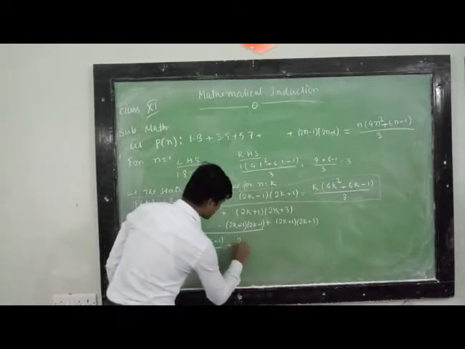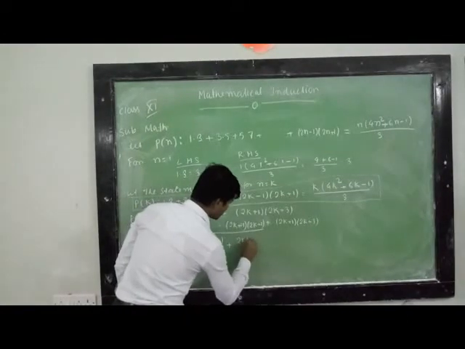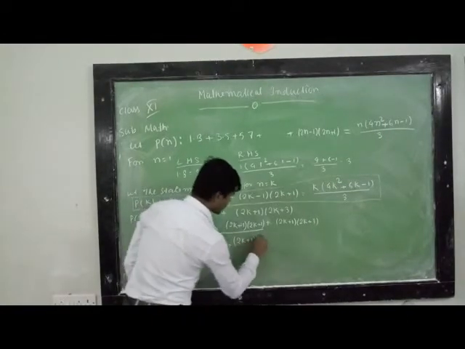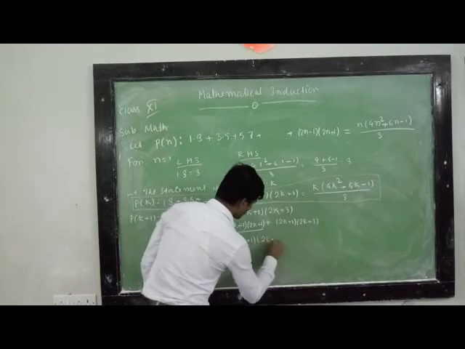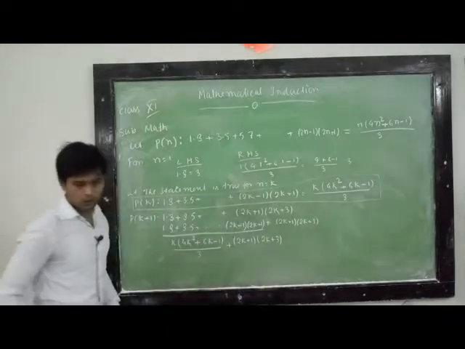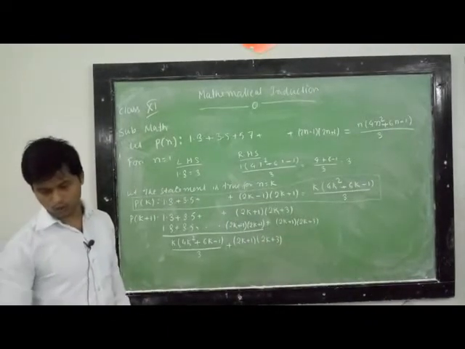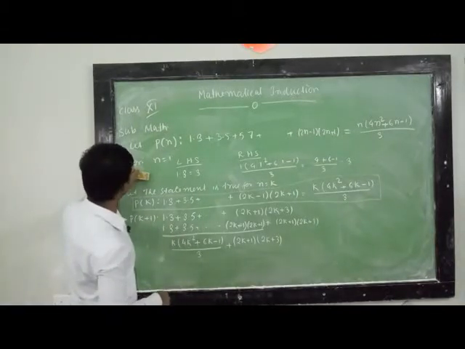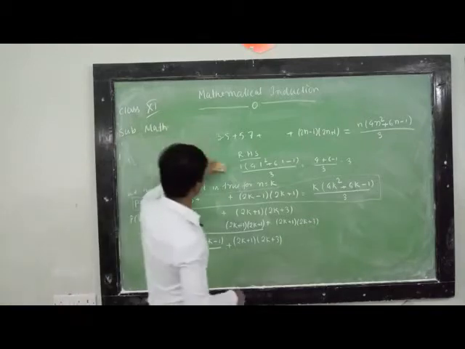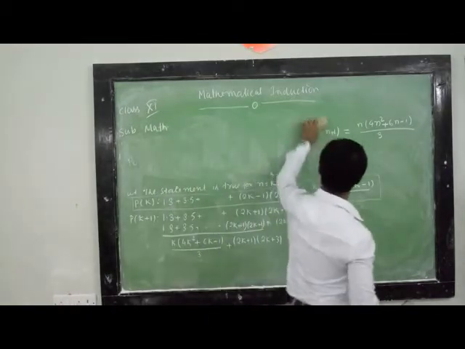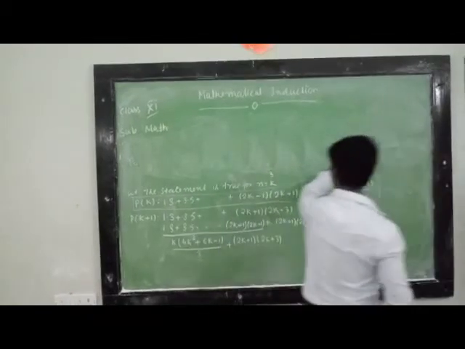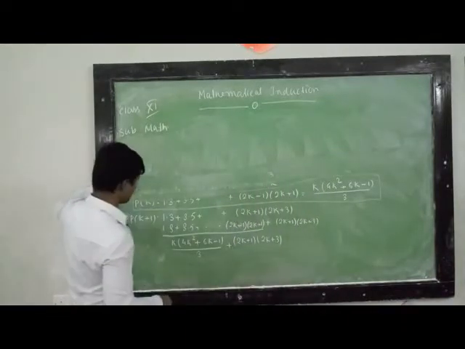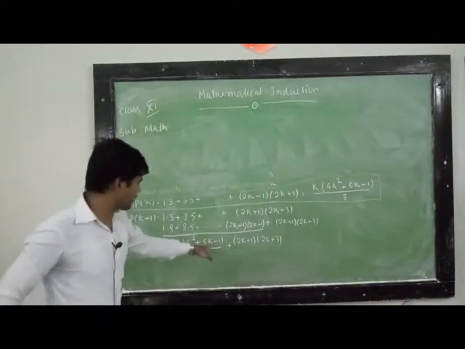plus 2k plus 1 into 2k plus 3. Now just do the LCM. I am rubbing this portion due to shortage of space. So first do the LCM.